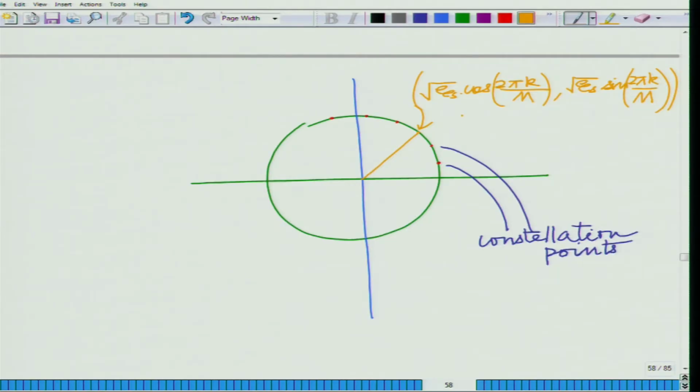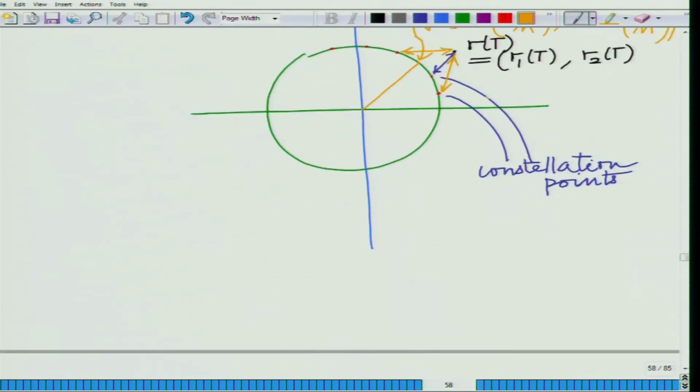And your decision statistic r(t), let us say, lies somewhere over here, which is a combination of R1 and R2. And now there is no other way except, remember, we can always rely on our minimum distance criterion. So, you have to measure the distances with respect to the various constellation points and choose the one.